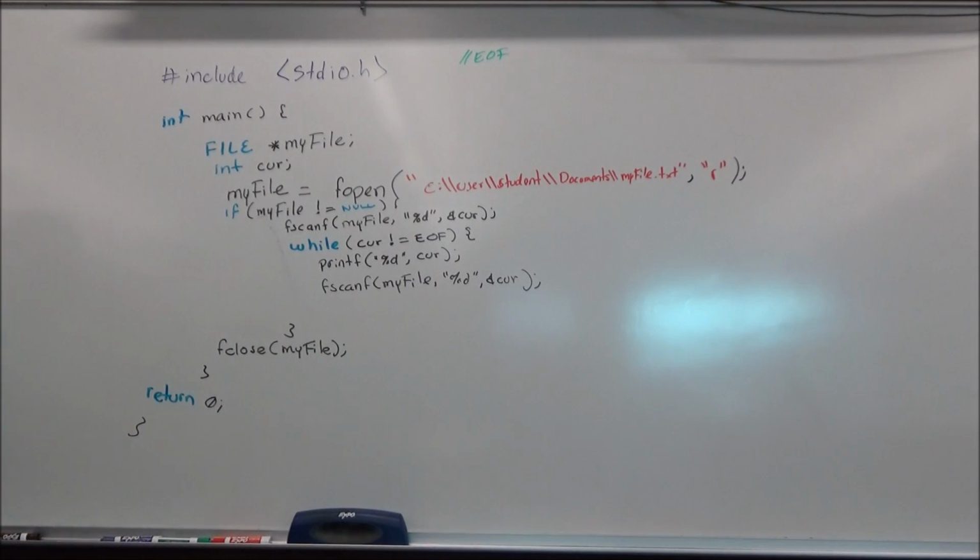What does the word say here? If my file equals what? Null. Null? Yeah. Sorry. It's all caps. So if I'm not reading numbers, if I'm reading characters, it's not a big deal, right?